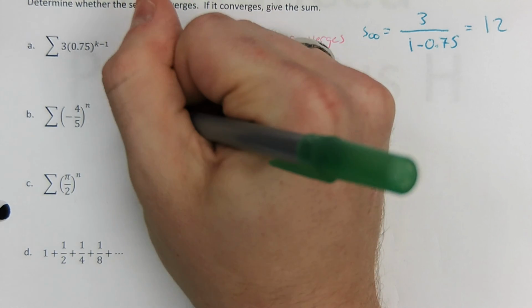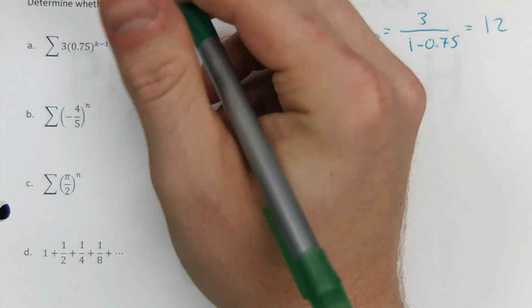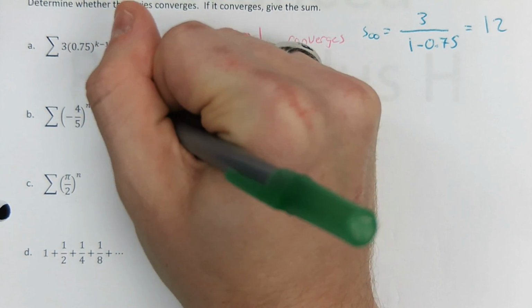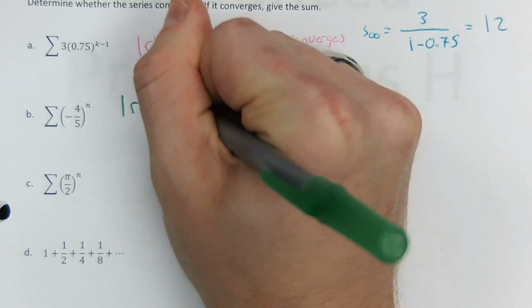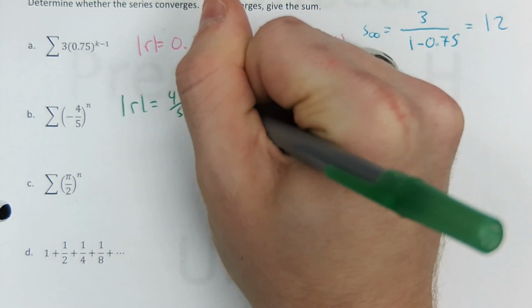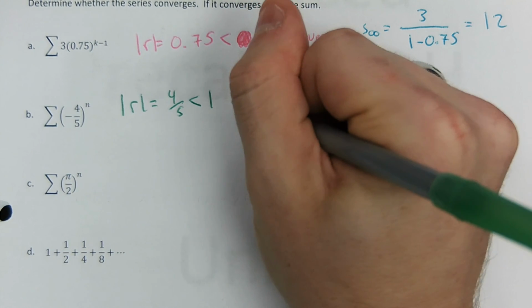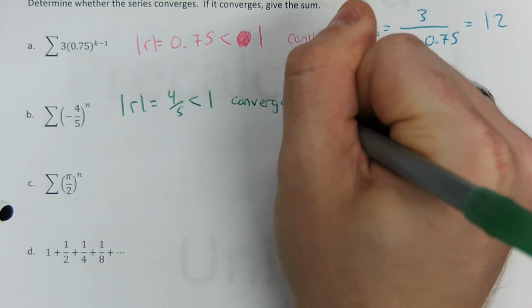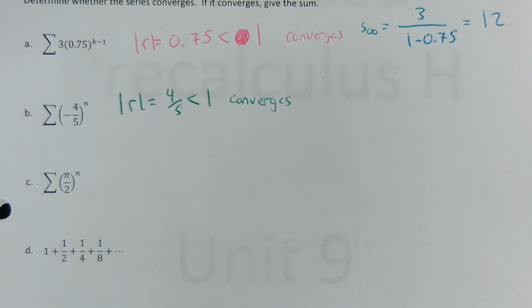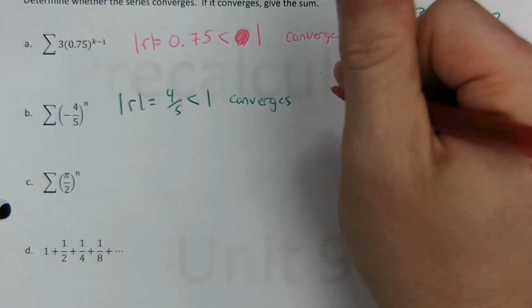Its common ratio is -4/5. So the absolute value of that is +4/5, which is less than 1. So this one will also converge. But to what is the question?